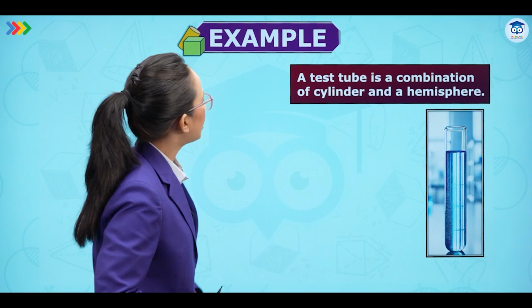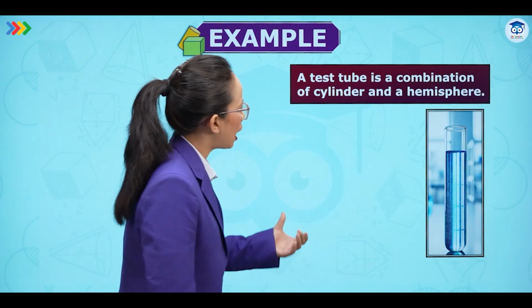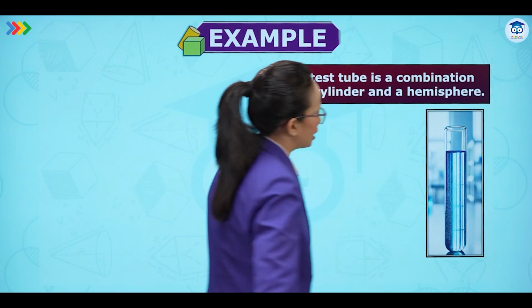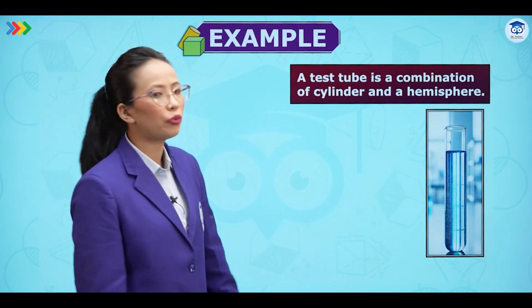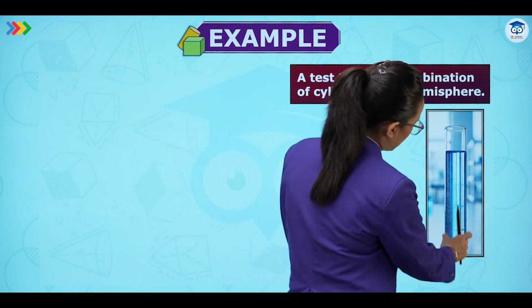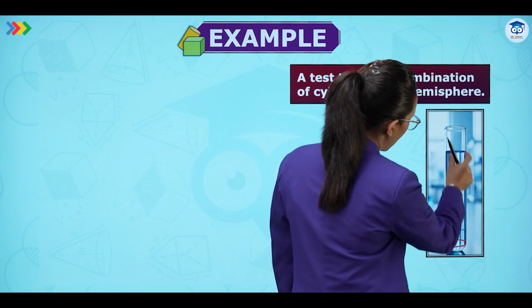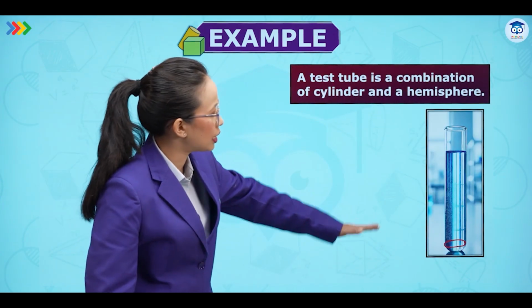Very easy. There is a combination of this cylinder and a hemisphere, right? This is as an example. Now how to calculate this volume? So to calculate the volume, we are going to calculate the volume of this. There is a portion which is cylinder and the portion which is a half of sphere, that is hemisphere.